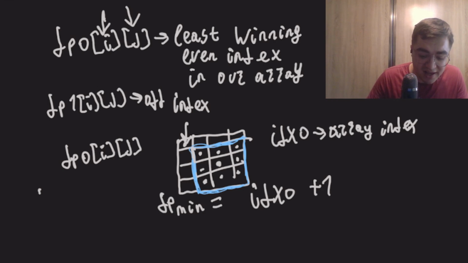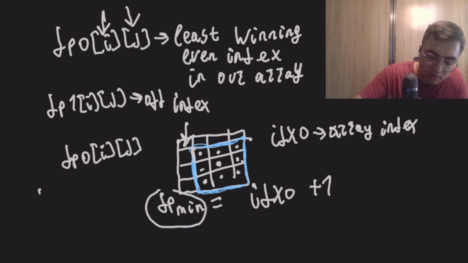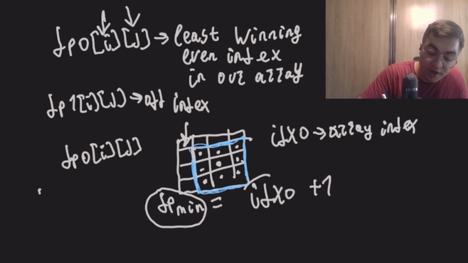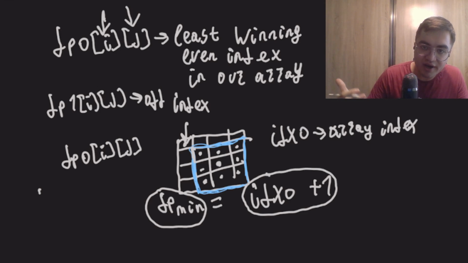But this means that it's not a winning state, because we see that our opponent has a dp in the subrectangle that is valid, which is winning for the next index. So if we reply by idx 0, our opponent has a winning reply that is to choose some idx 0 plus 1 in the subrectangle, right?